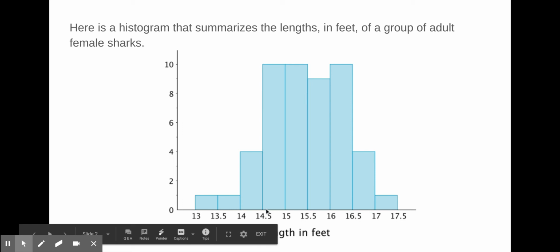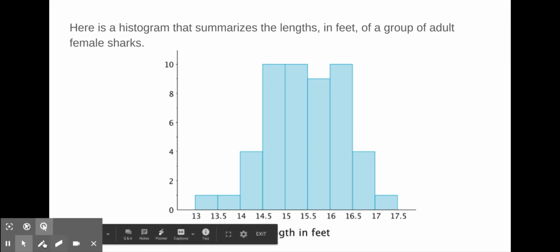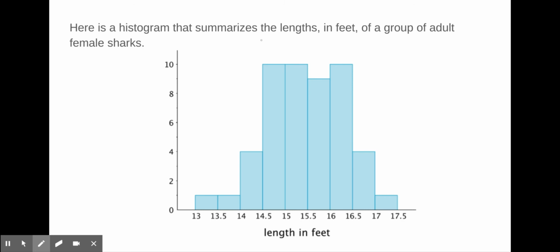Now this bin here is all the sharks that were between 14 and a half and 15 feet. Something interesting and worth noting is that you should consider the descriptions of these as using a greater than or equal to and less than symbol.